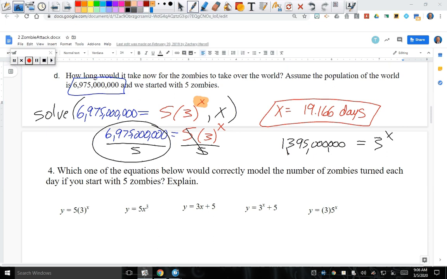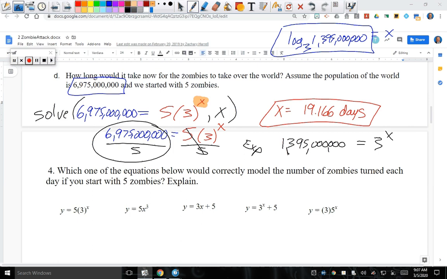Now you don't know it yet, but the way to solve this exponential equation, you're going to learn throughout this unit, is to rewrite it as a logarithm, which in this case is log base 3 of 1,395,000,000, and this is equal to x. You're not necessarily having to know it today, but I just want you to see where we're going.